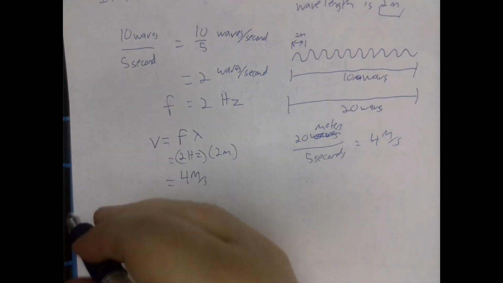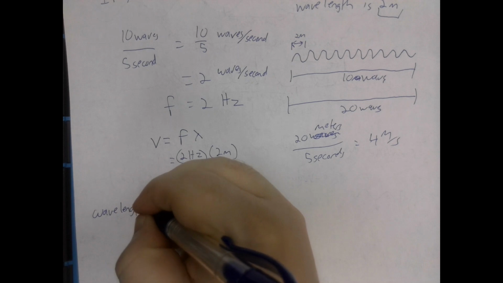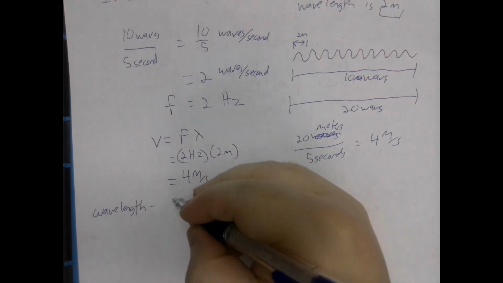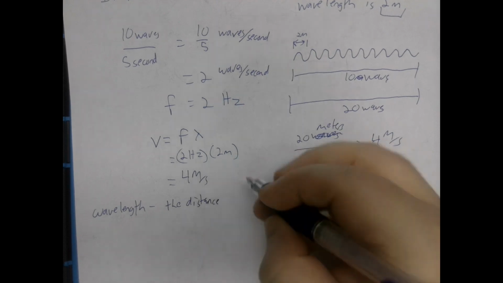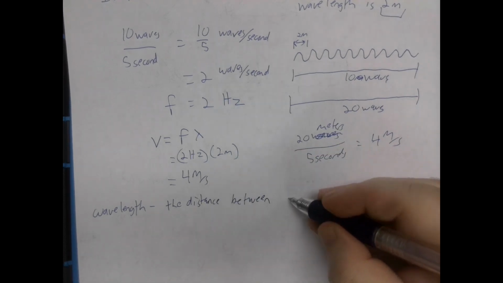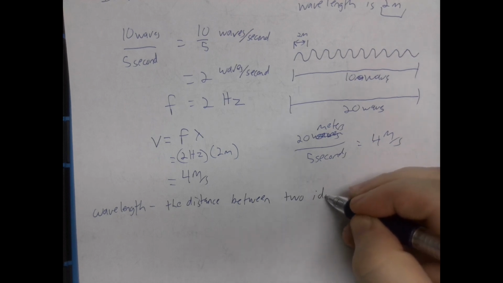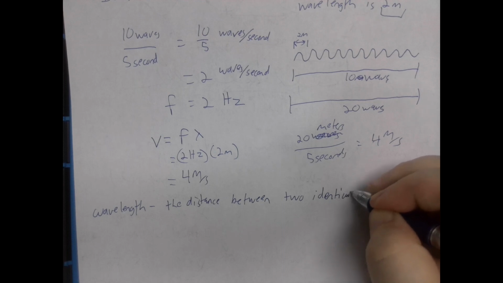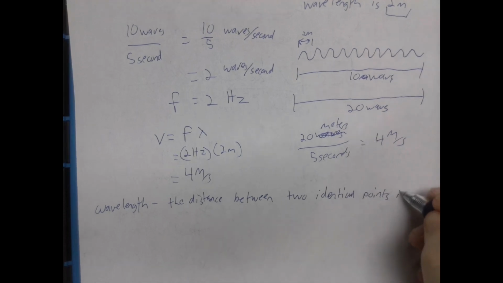The definition of a wavelength is the distance between two identical points in a wave.